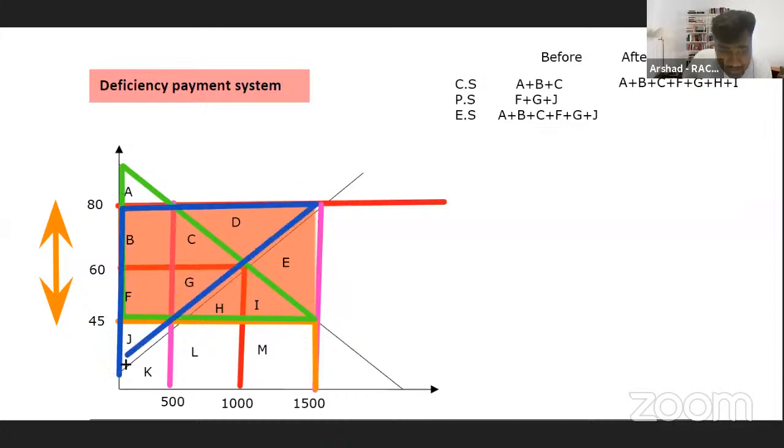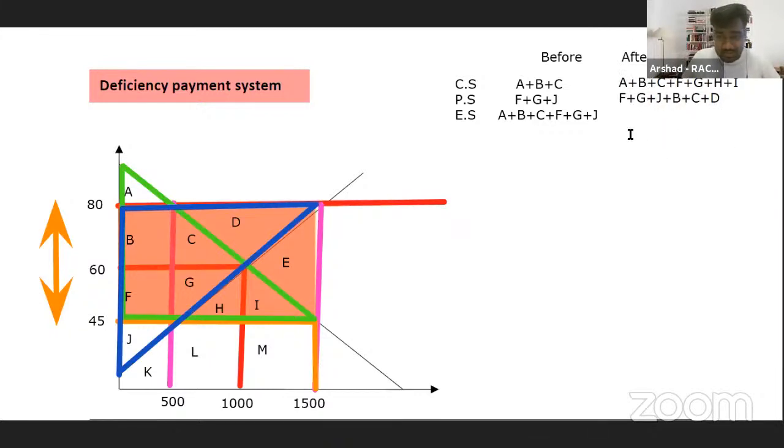He's getting 80 rupees now. So your producer surplus becomes F, G, and J, what they already had. In addition to that, B, C, and D are also added. That is your producer surplus. Economic surplus, add and put that.